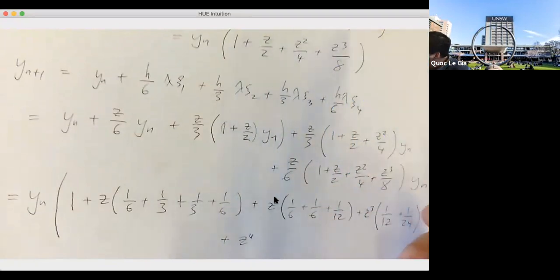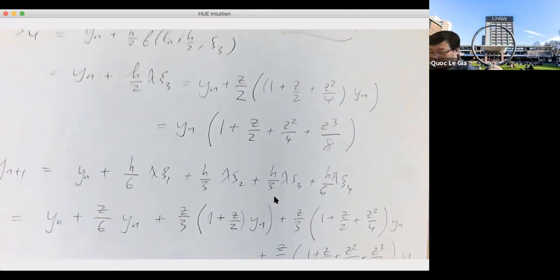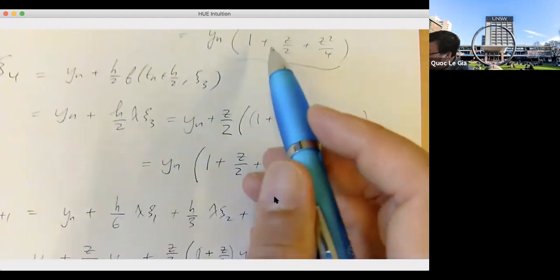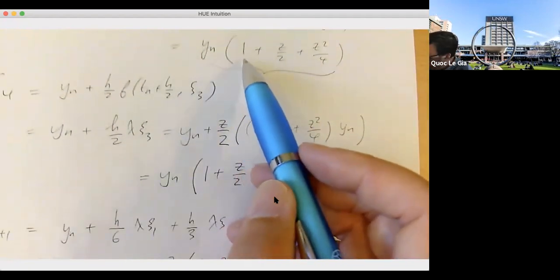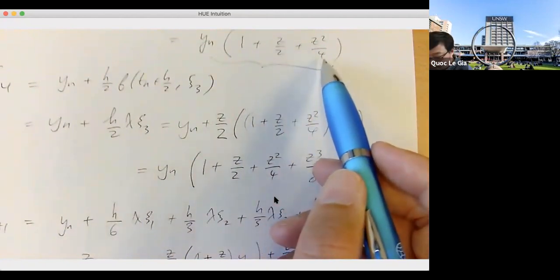So let me double check. So xi3 is 1 plus z over 2 plus z square over 4, which is correct.